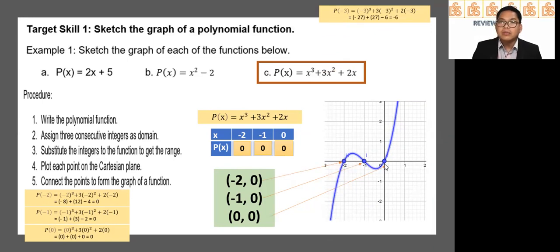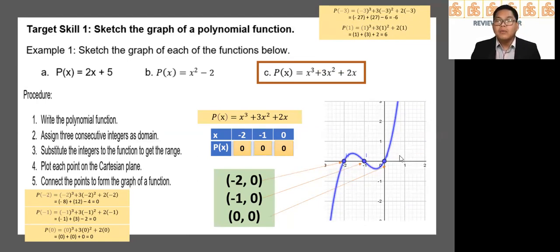Okay? How about after 0? How would I know that the graph will go up? So how do I know? So from 0, okay, I may substitute 1 because 1 is on the right side of the graph. So if I substitute 1, I will get 6. So it is very clear that 6 will go up.